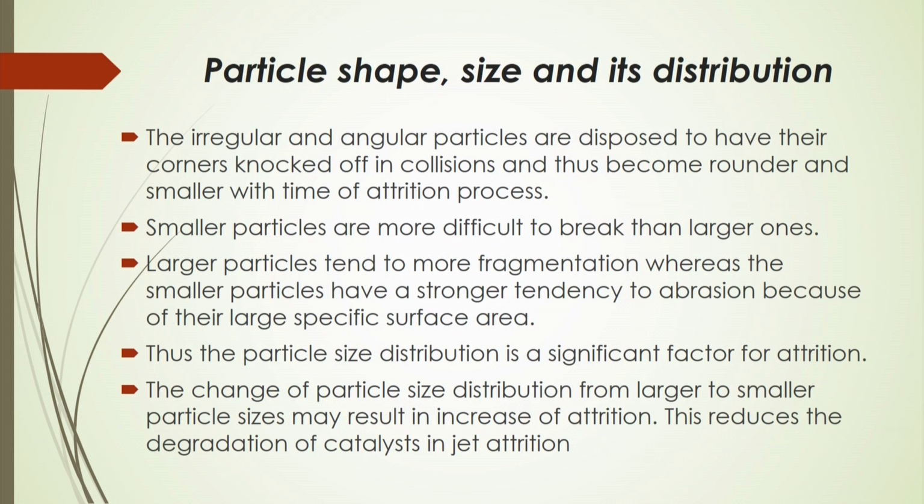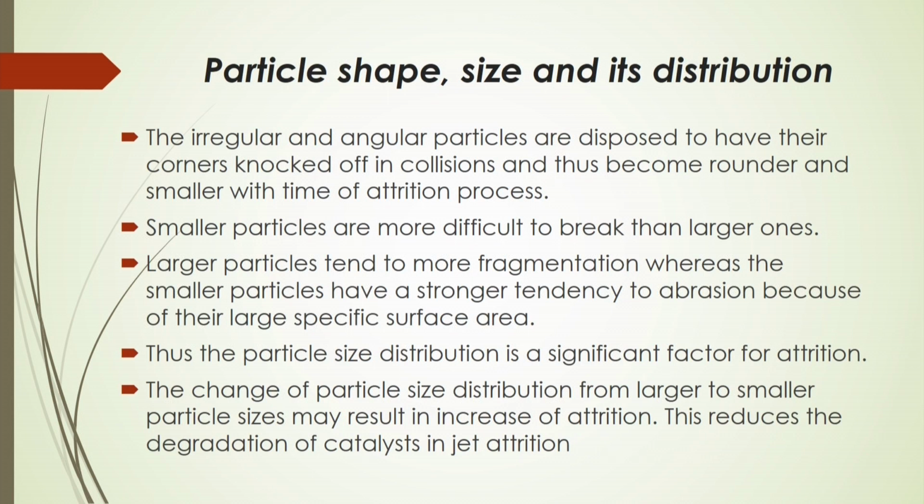And smaller particles are more difficult to break than larger ones. Larger particles tend toward more fragmentation, whereas smaller particles have a stronger tendency toward abrasion because of the larger specific surface area.